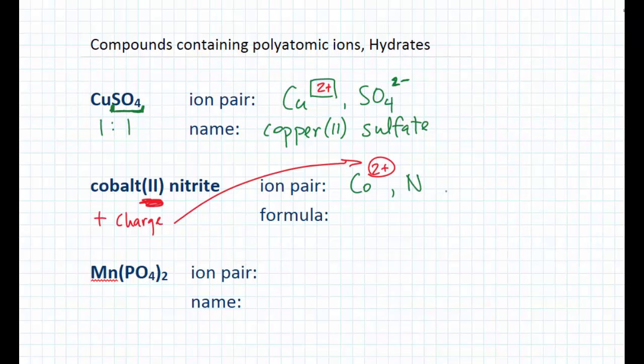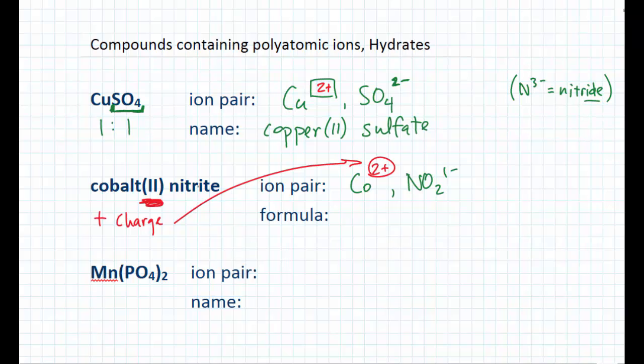All right, so what is nitrite then? It's NO2, 1 minus. If you wrote N3 minus, that's not right. What is N3 minus called? That's nitride. That's not what we want here. We want a nitrite.